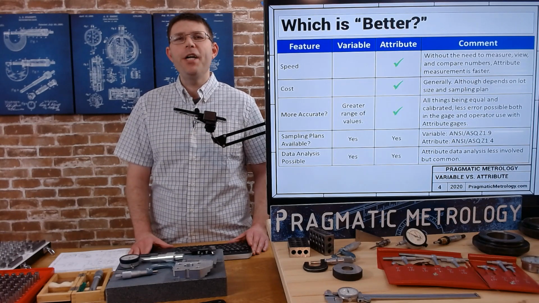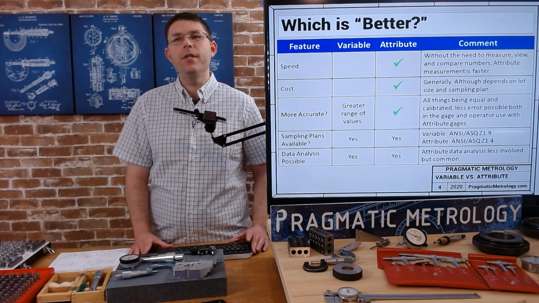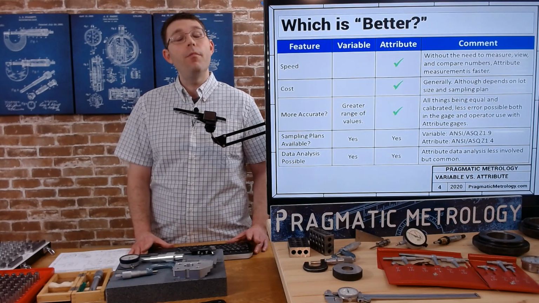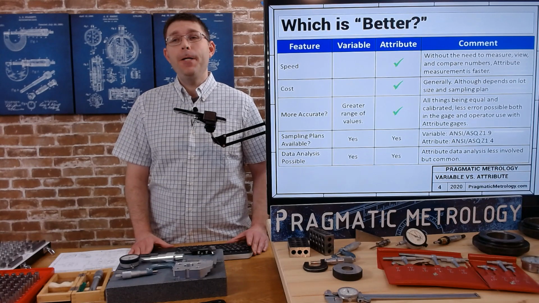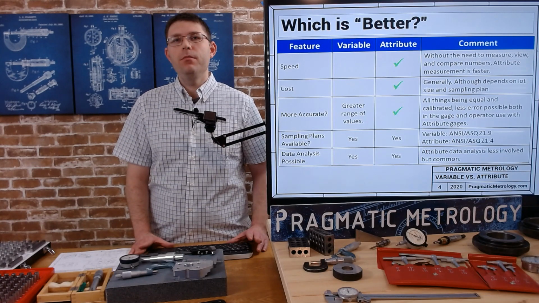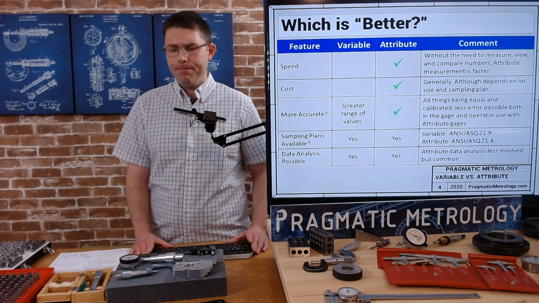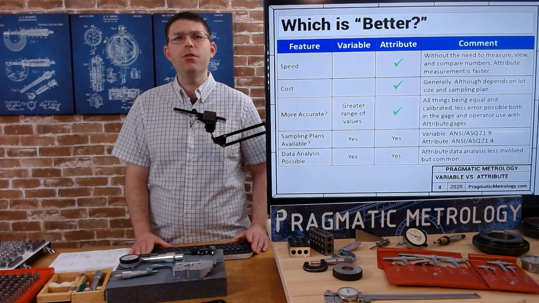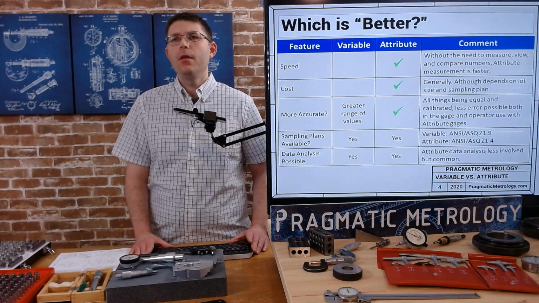So write this down, look this up on the internet if you've never heard about these: Z1.9 and Z1.4. 1.4 is a lot more common. So research that if you're going to be doing a lot of sampling in your career, in your job.